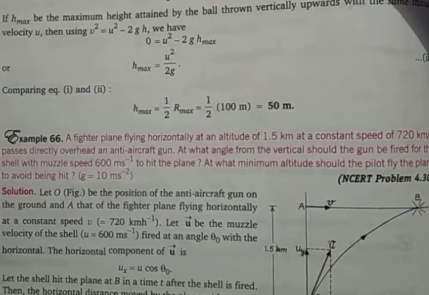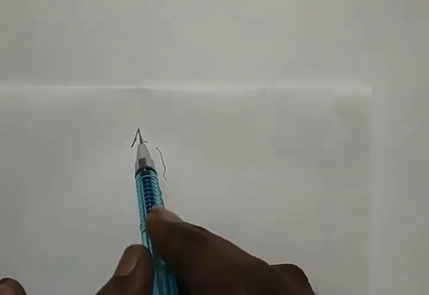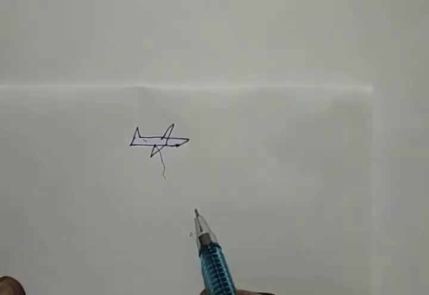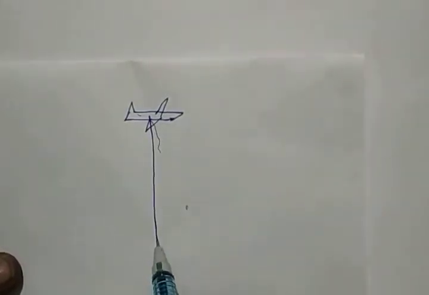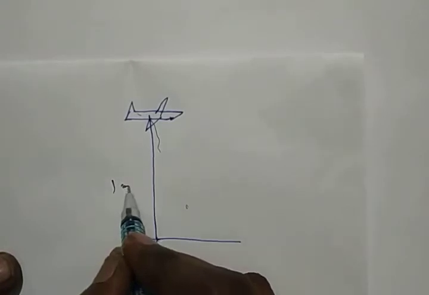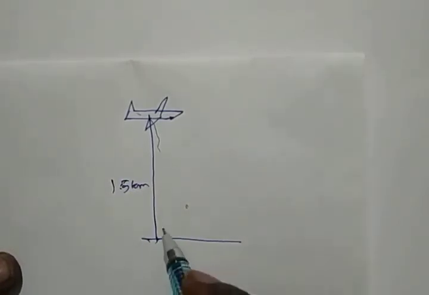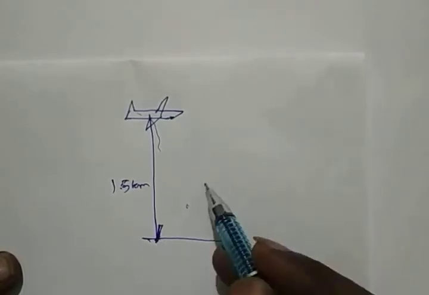So we'll draw the diagram first of all. As we read the question, we will keep drawing the diagram here. So let us see, the aeroplane is flying here. It is an aircraft, maybe a fighter jet, and it is flying at a very good height of 1.5 kilometers above the ground. And now here is the gun, and the gun can shoot.